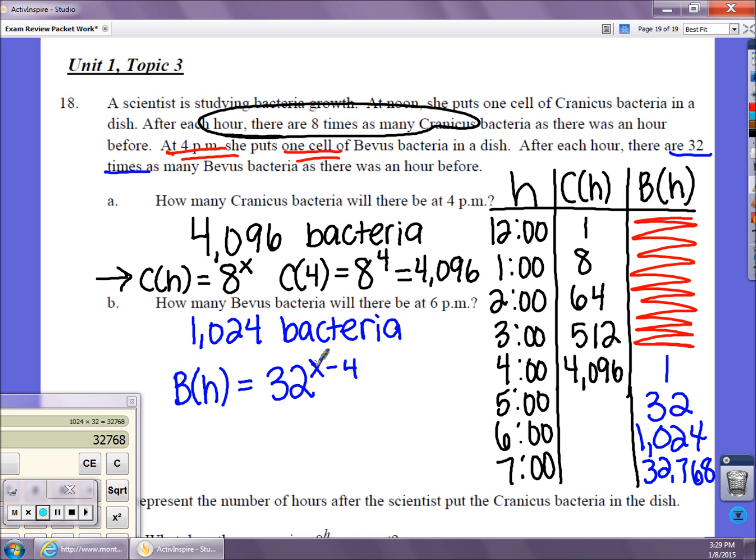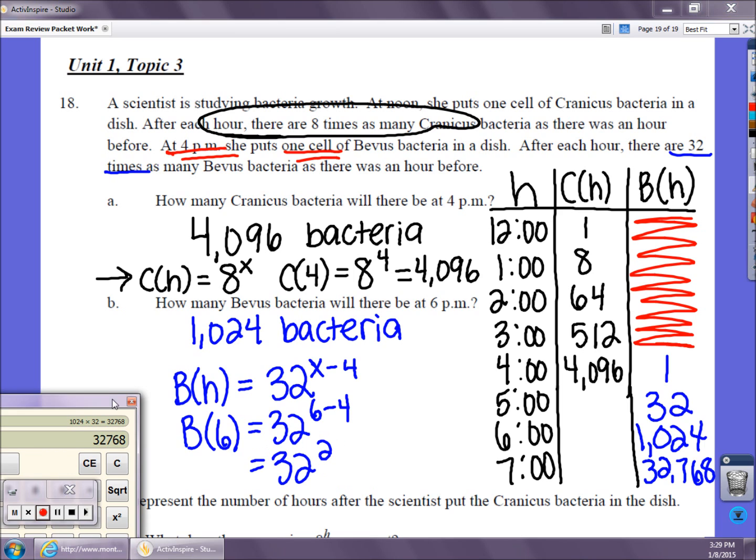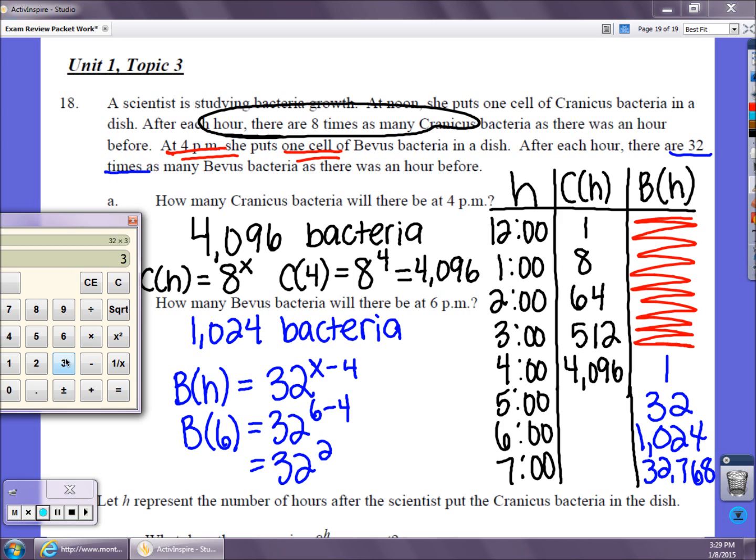And if we plug that into our equation, we have B of 6 is equal to 32 to the power of 6 minus 4, or 32 squared. And if we plug that into our calculator, 32 times 32, or 32 squared, is going to equal 1,024.